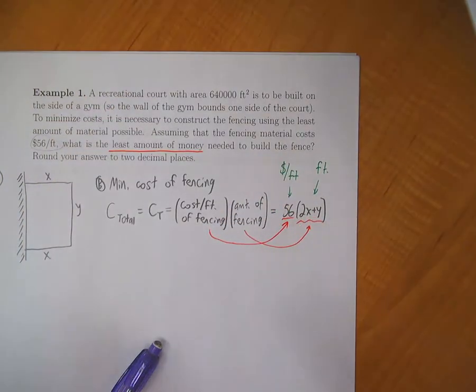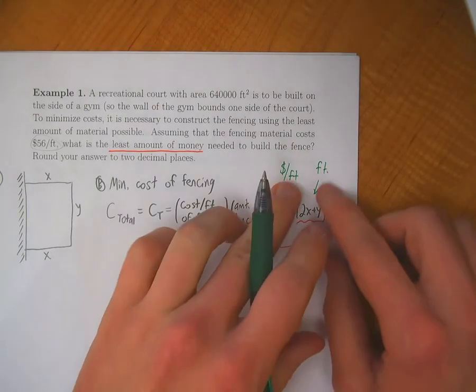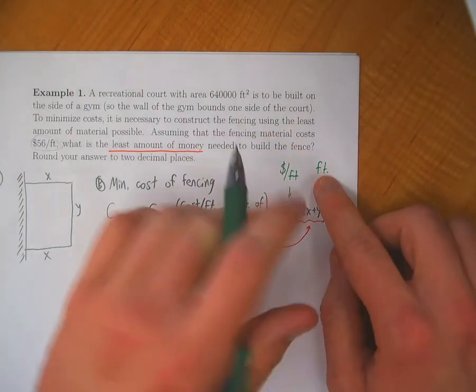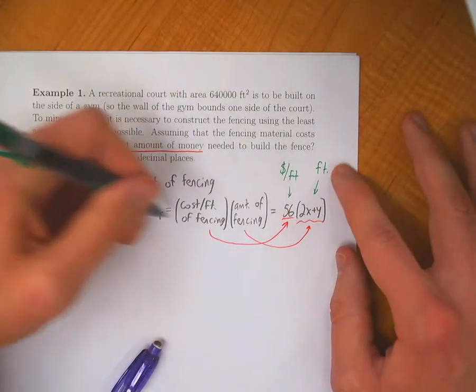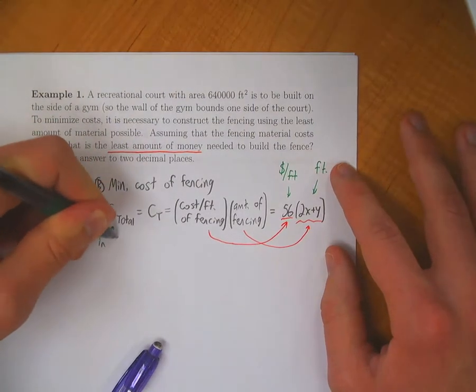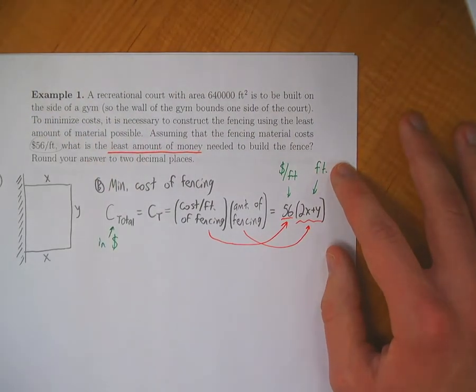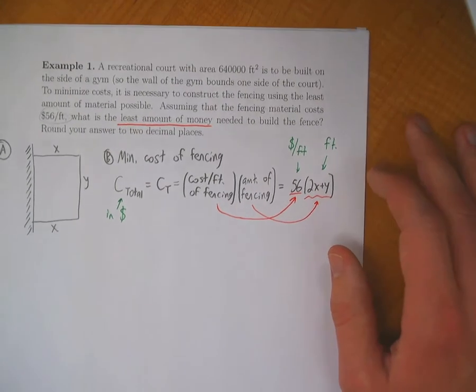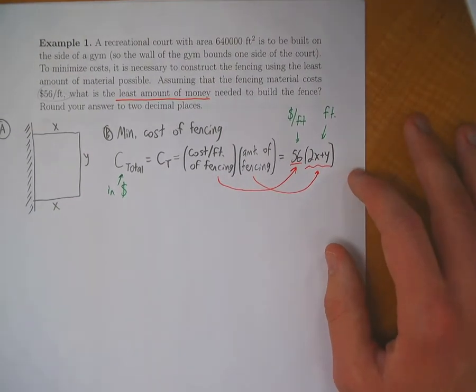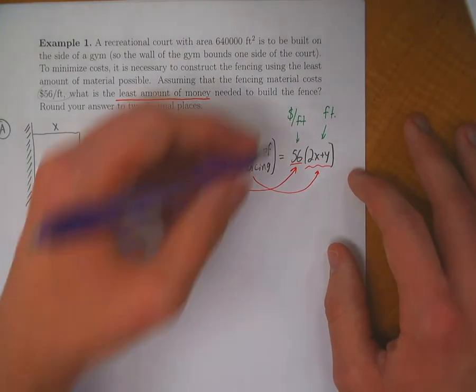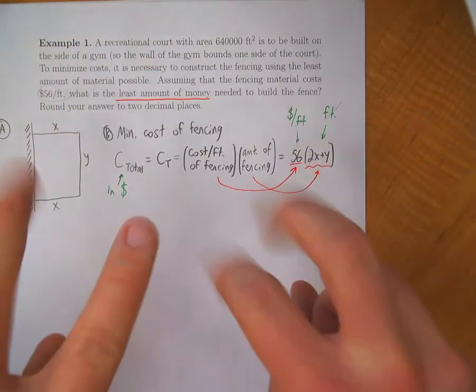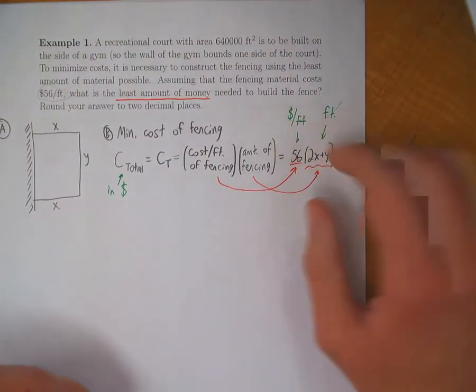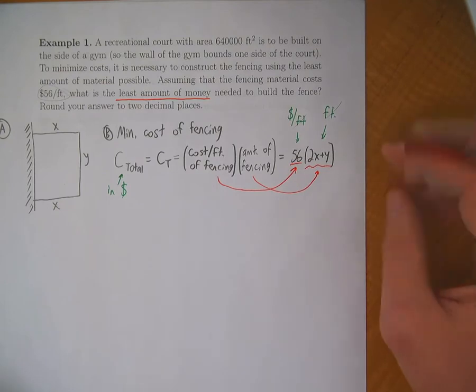We multiply these two together, so the feet essentially cancel out, and the total cost ends up being in dollars. Okay, so that takes care of part B.